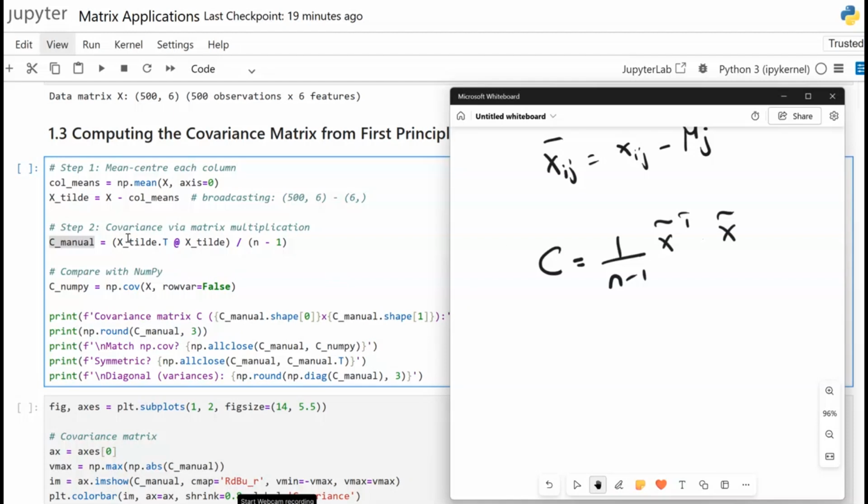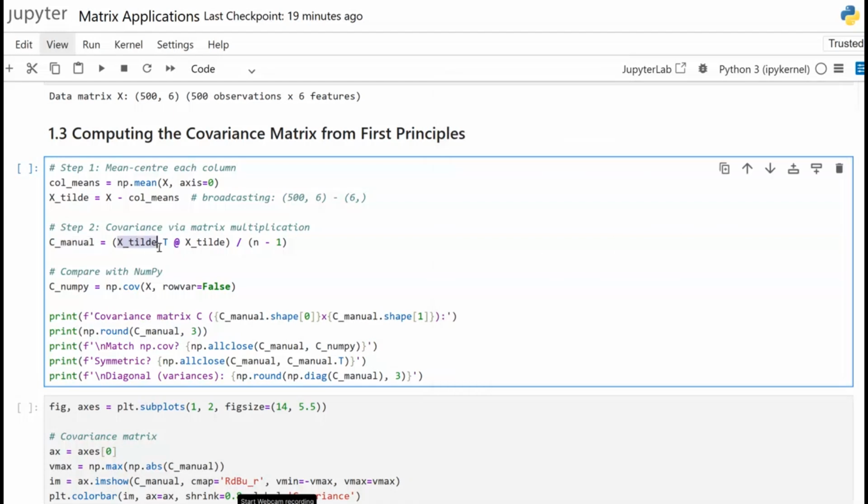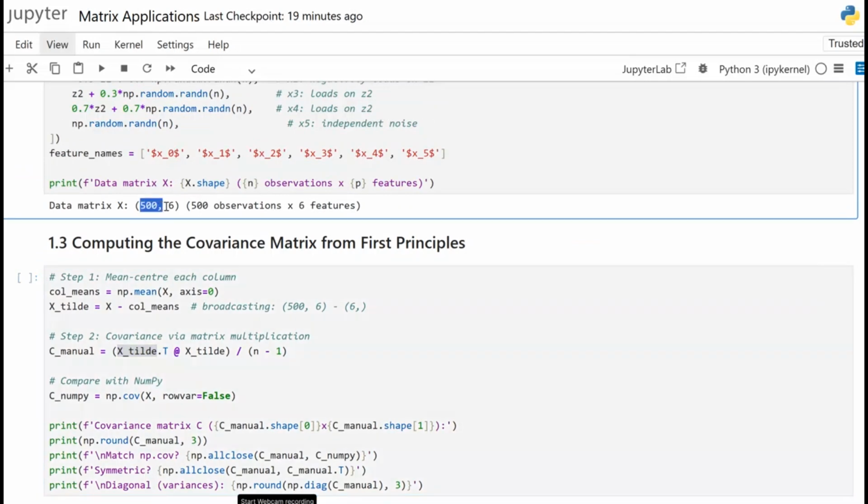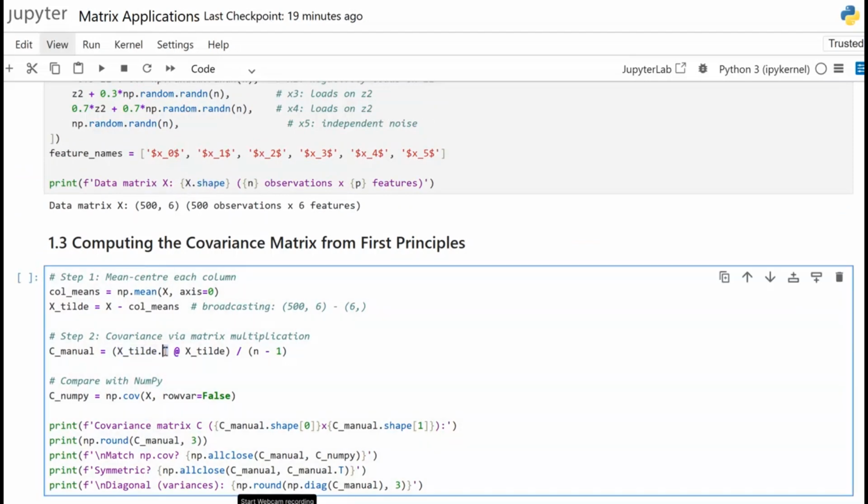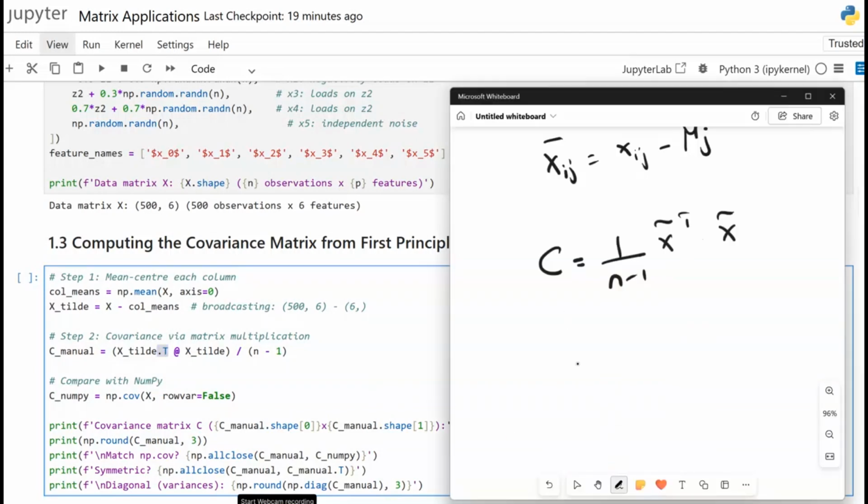We already know x tilde is 500 comma 6, but here it is specified as T, that is transpose, so it would be 6 comma 500, multiplied with x tilde, which is 500 comma 6, divided by n minus 1. So here the result would be 6 comma 6.